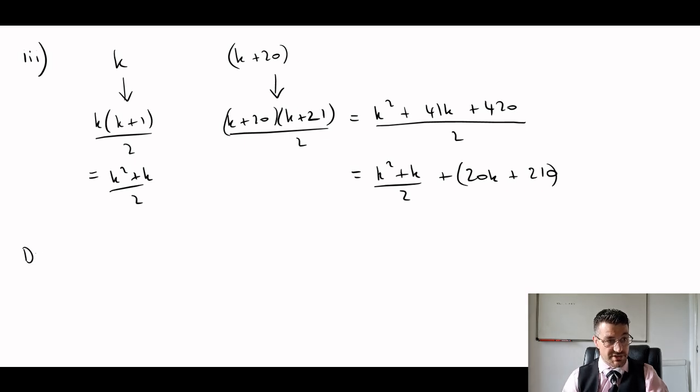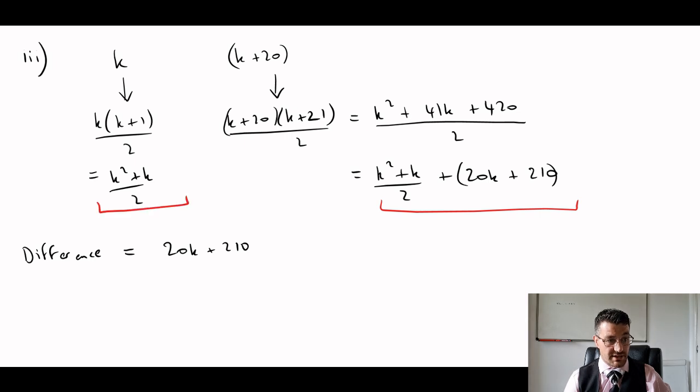So the difference, again, I'm going to skip a little bit of stuff. It's just a rough idea of the solution. The difference is equal to 20k plus 210, so we're just doing this take away this, which of course is equal to 10 times 2k plus 21, which is a multiple of 10 again.